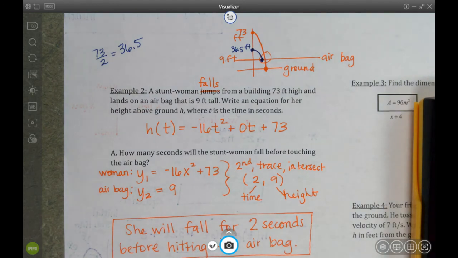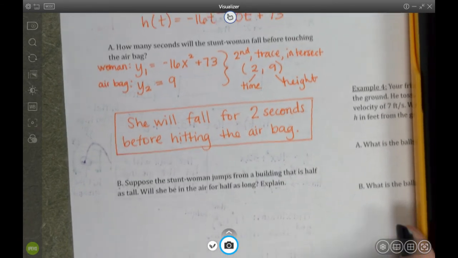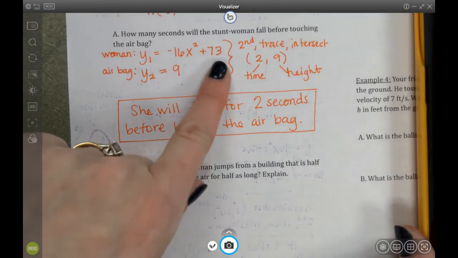So do you think she's going to be in the air for half as long? You think so? All right. Well, let's see. Just guessing. Okay, how's that going to change my equation?